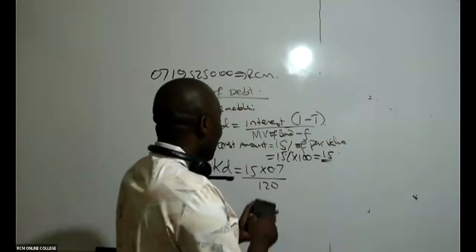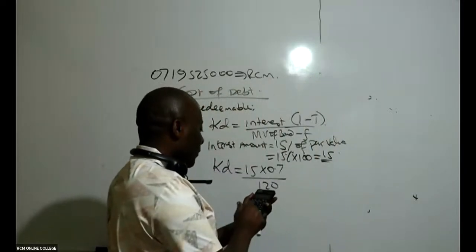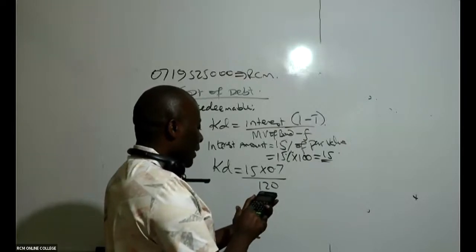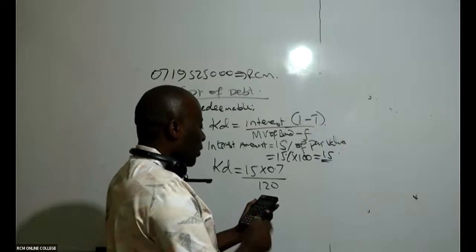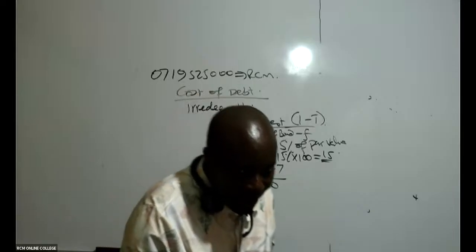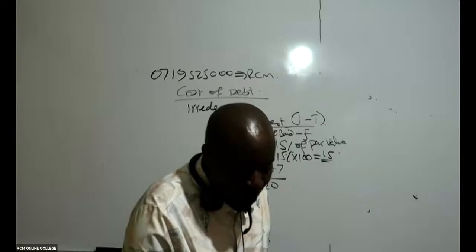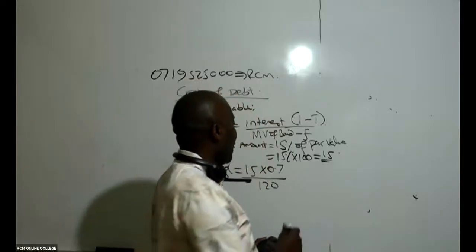So then I pick up my calculator. I say 15 times 0.7 divided by 120. Whatever I get, I say times 100. Then, ladies and gentlemen, I'm at home. What are you guys able to get? Caroline, I don't know how you're getting 9.5 because I'm getting 8.75.